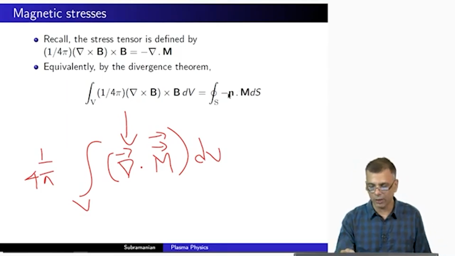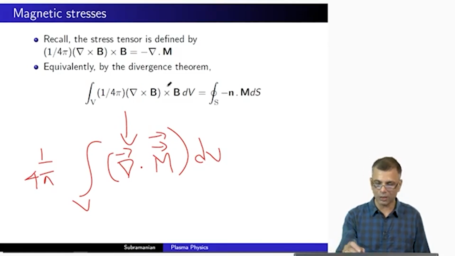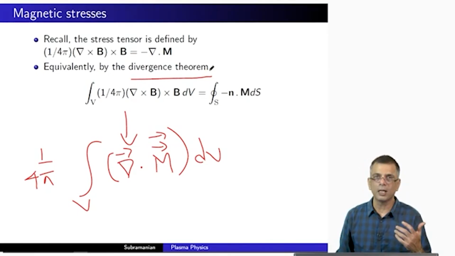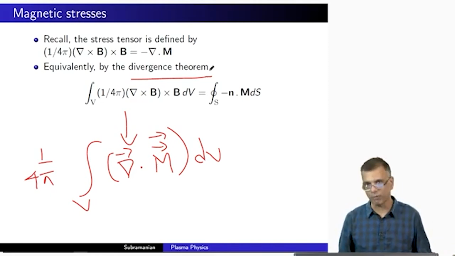So, you would have n dot M dS. We are using the divergence theorem for a tensor, exactly the same concept, no difference.